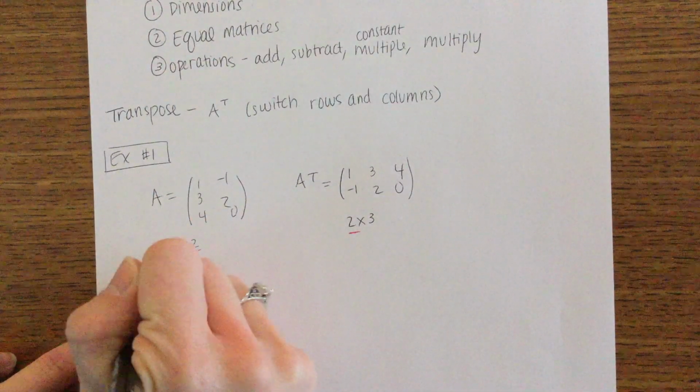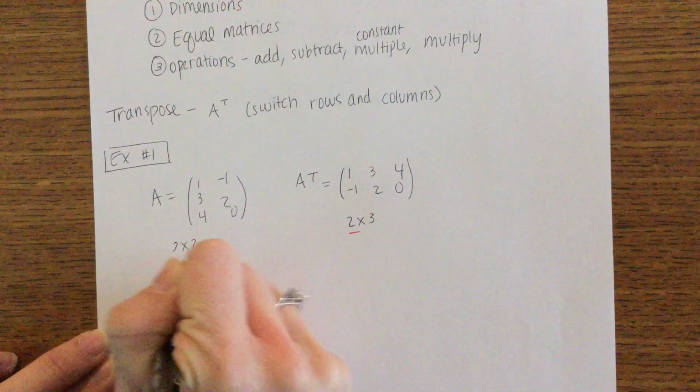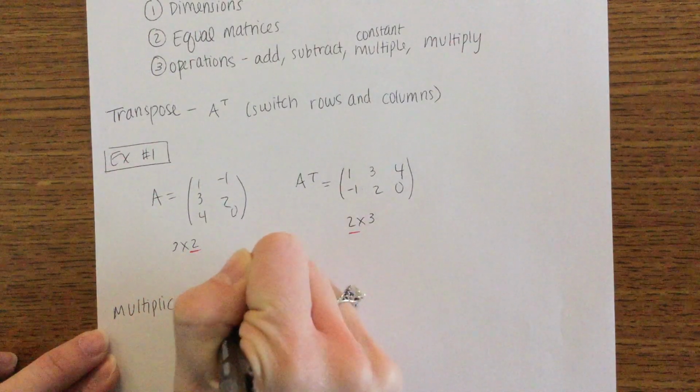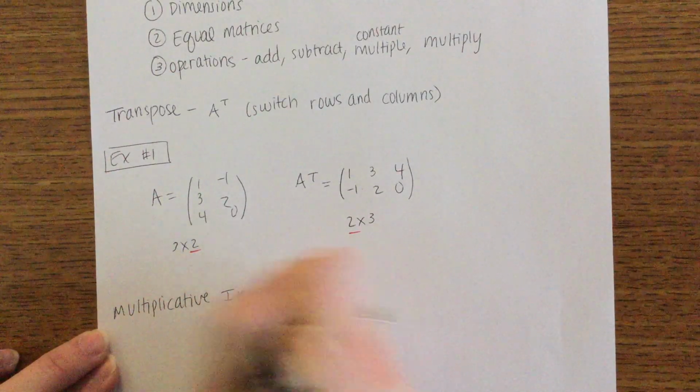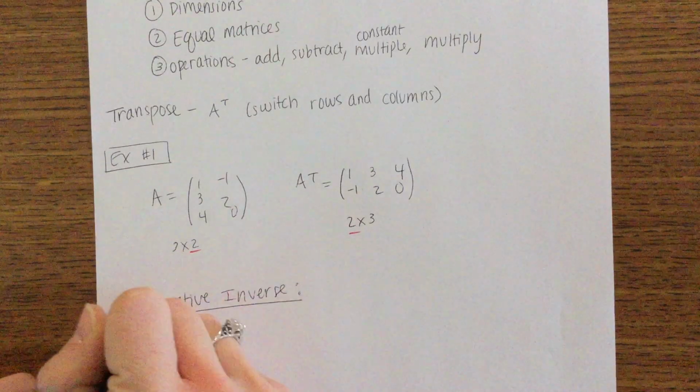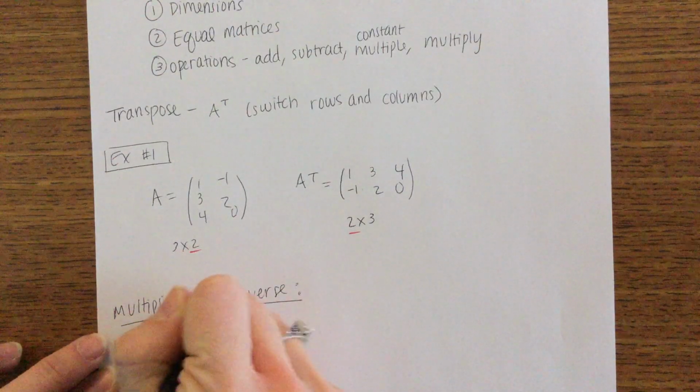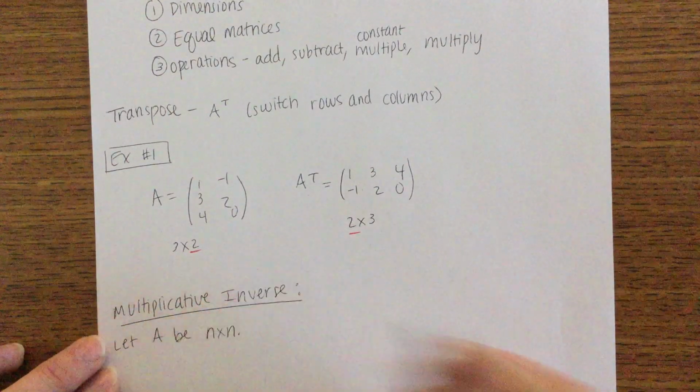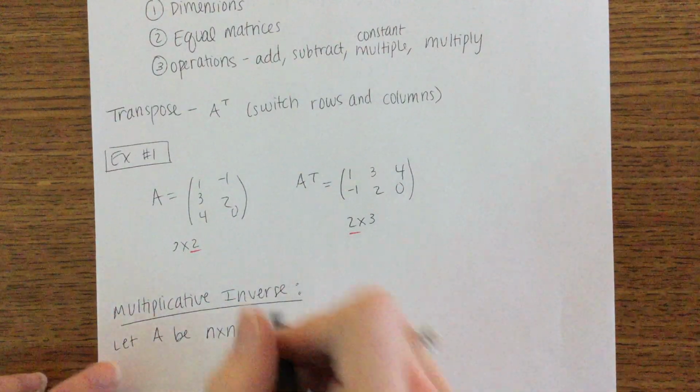Next thing we need to talk about is the multiplicative inverse. Let A be an n by n matrix, so a square matrix.